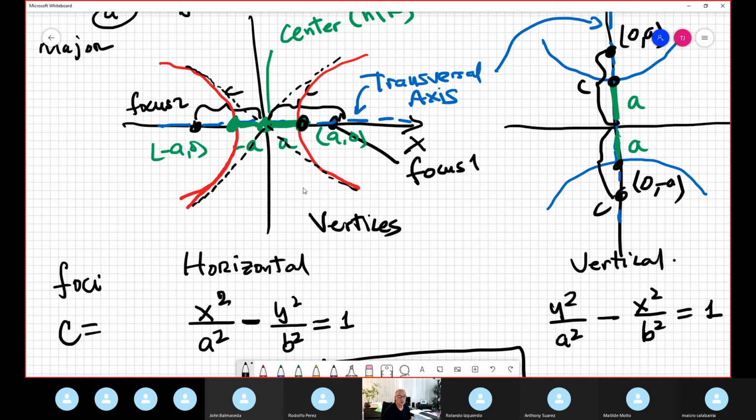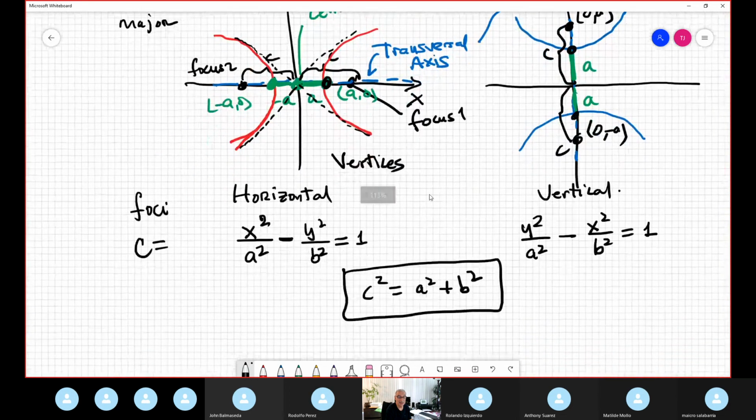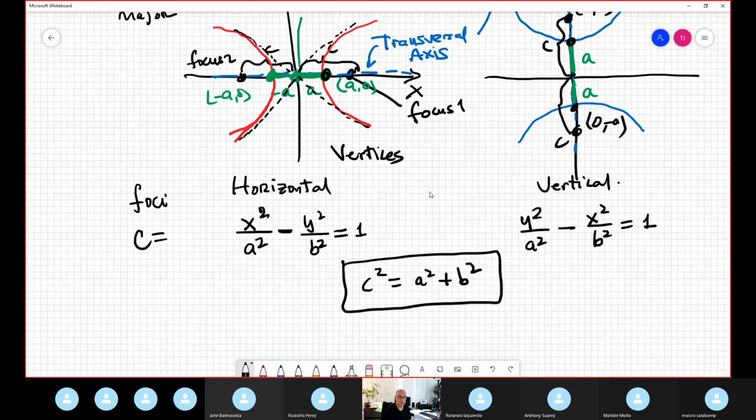And the equation of this asymptote is a line: Y equals plus and minus B over A times X. The slope of this line is B over A, one positive and one negative. The positive is the line going up, and the negative is the line going down.